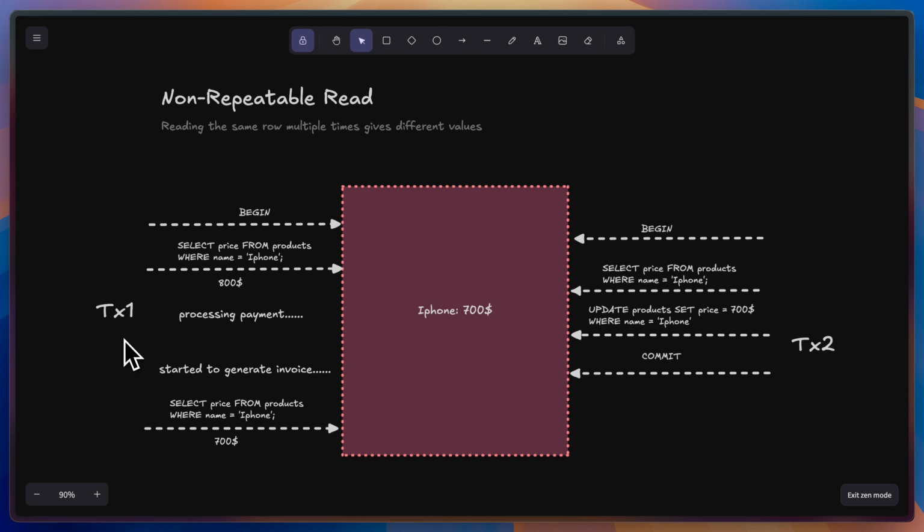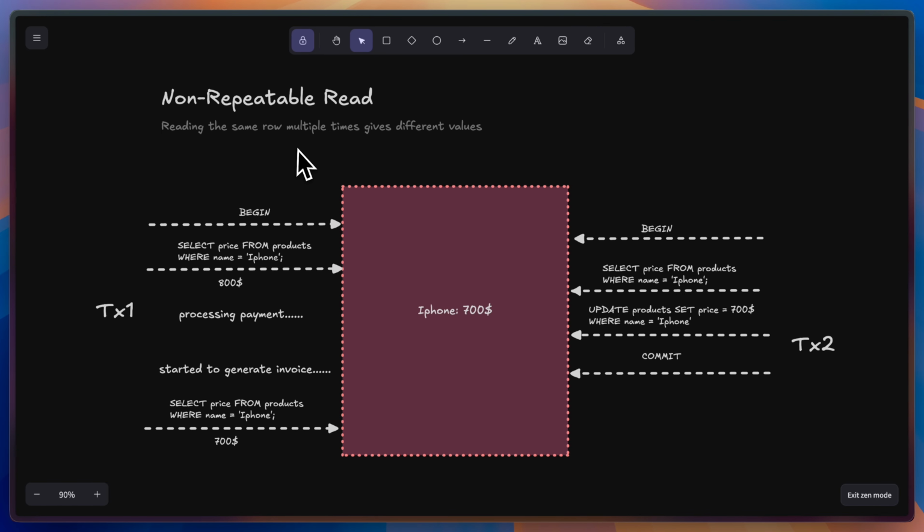At this point, if transaction 1 reads the price of the iPhone again, it will get to know that it is $700. That's the non-repeatable read problem, wherein you read the same row multiple times but get a different answer. First time you got $800, second time you got $700.